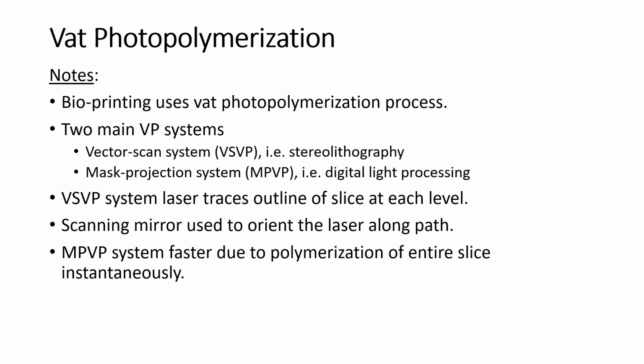And a scanning mirror is basically a mirror that's attached to a servo. And the servo is a very fast motor, and the servo moves the mirror in such a way that the laser hitting the mirror is reflected onto the object, or into the liquid in this case, in exactly the outline that it needs to trace the path of each layer.